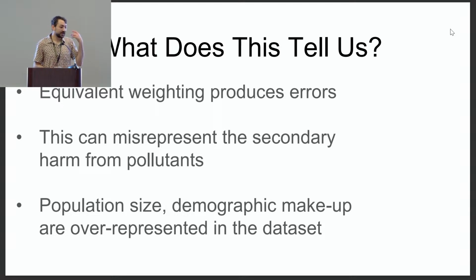And the other thing is that population size and demographic makeup, as I said, are overrepresented in the data set. Population size specifically is overrepresented. As we go through the demo, I'll point out a few census tracts that have suspiciously low EJ scores. The reason they have suspiciously low EJ scores is because nobody lives there.